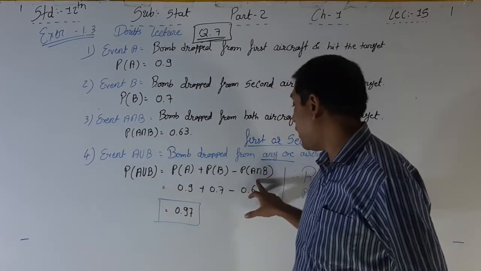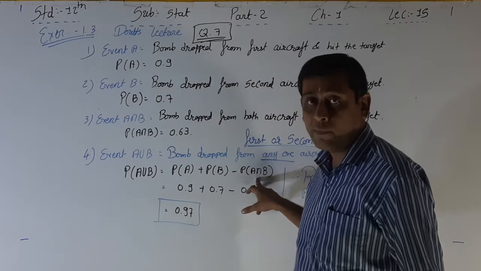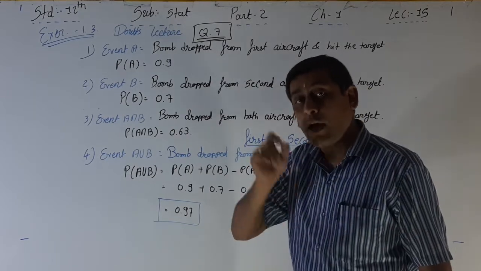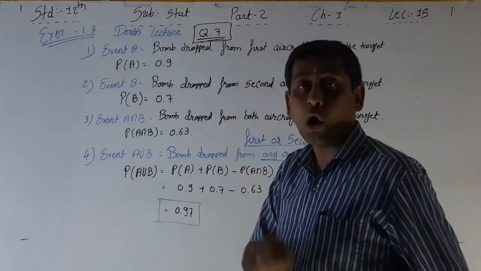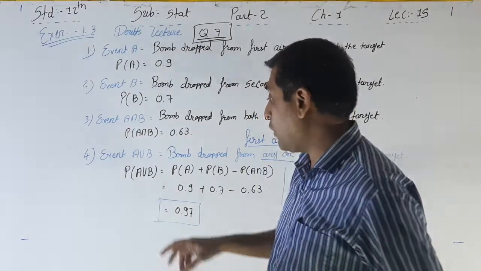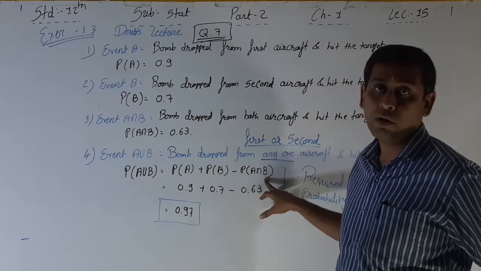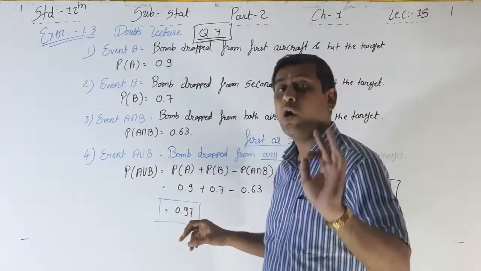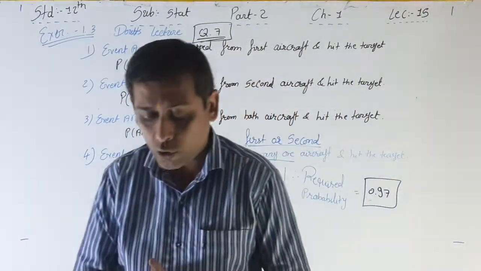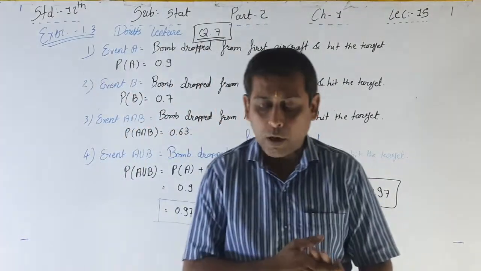From this we first find A intersection B, and then put the value in the formula for only one: A plus B minus 2P of A intersection B. So this is the formula. I hope you complete this.